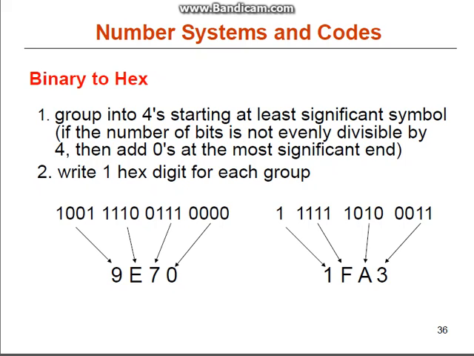If you look at the binary form, it literally means that this is, I think, 14, because A is 10, B is 11, C is 12, D is 13, and E would be 14. So you just change it into its equivalent hexadecimal form.